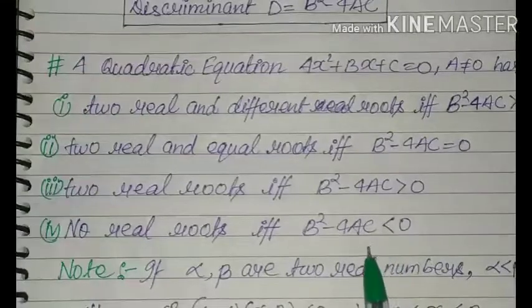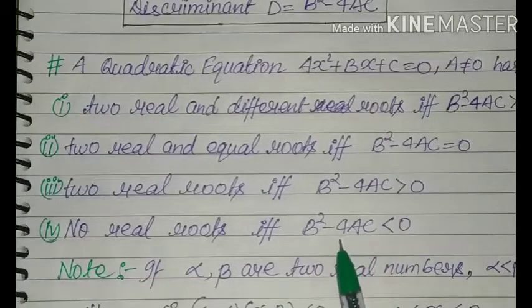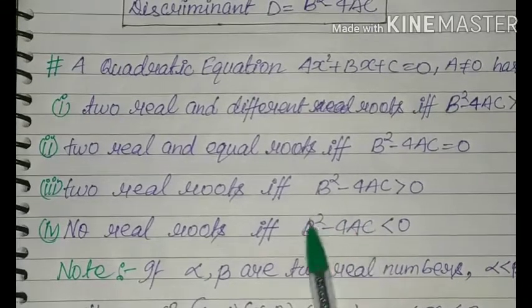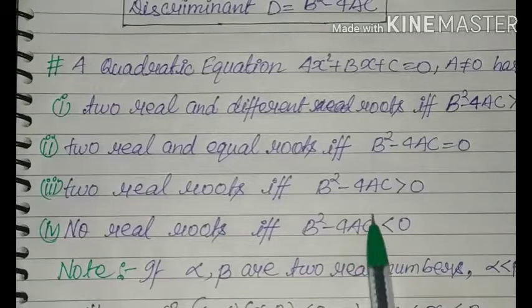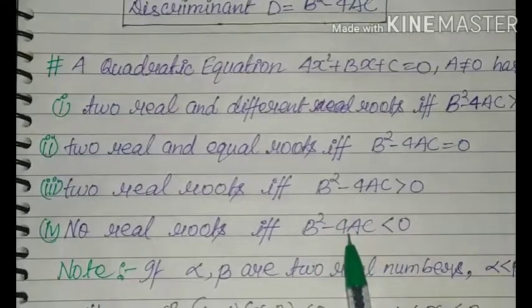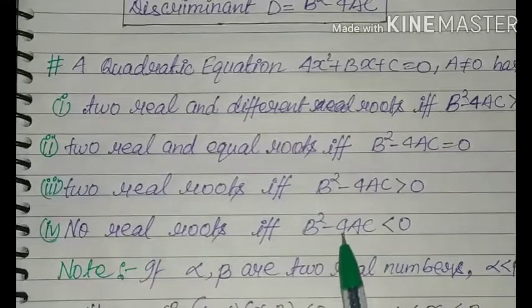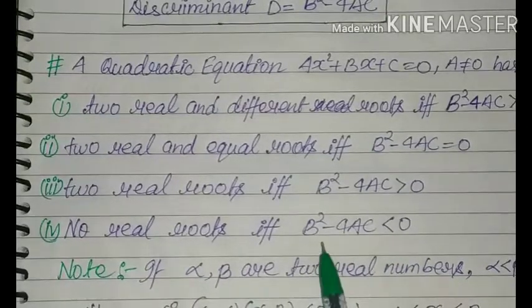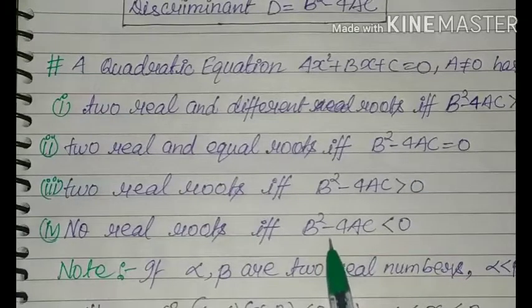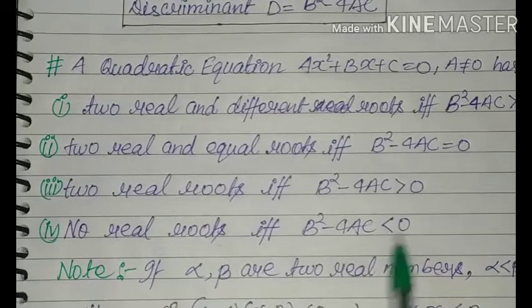It means if the discriminant of any quadratic equation is negative, then that quadratic equation has no real roots. This is the condition for having no real roots. The discriminant should be less than 0.